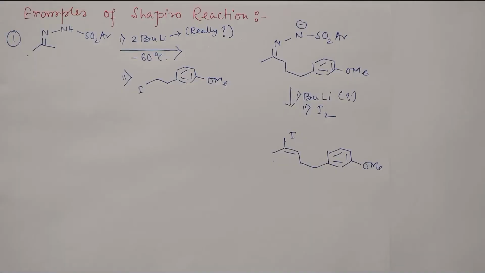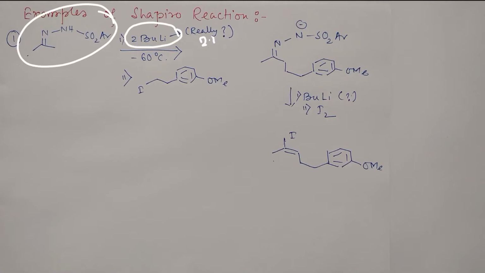Okay, fine. So let's discuss a few examples in order to complete our understanding. First of all, this is the hydrazone preparation from the carbonyl and hydrazine. After that, 2 equivalents of butyl lithium, actually better to use 2.1 or 2.2, a slight excess. And what happens in this case?